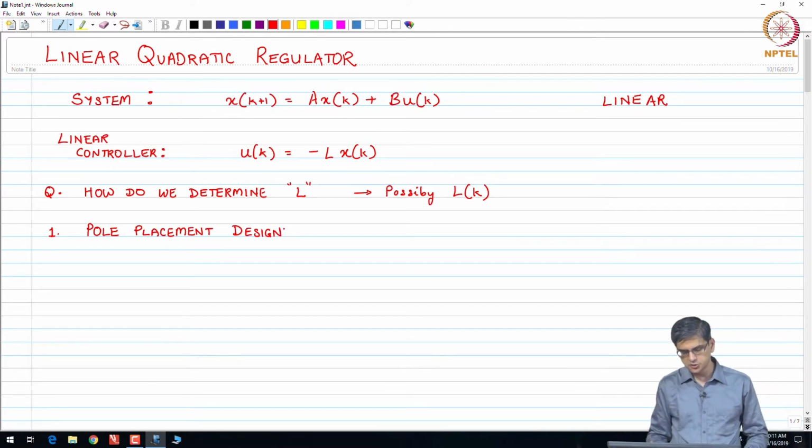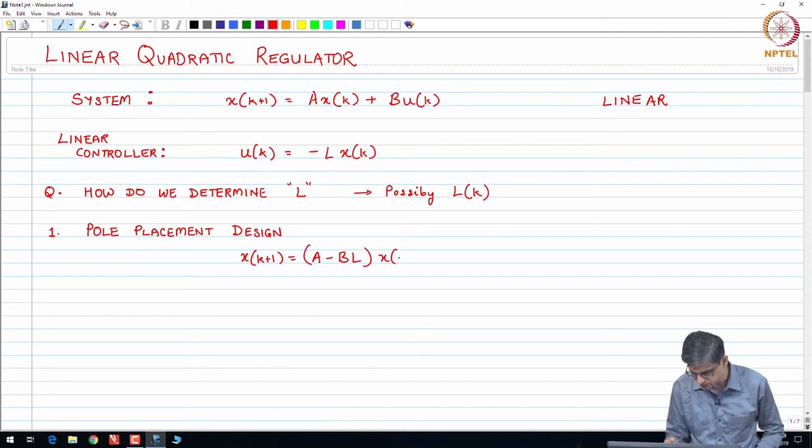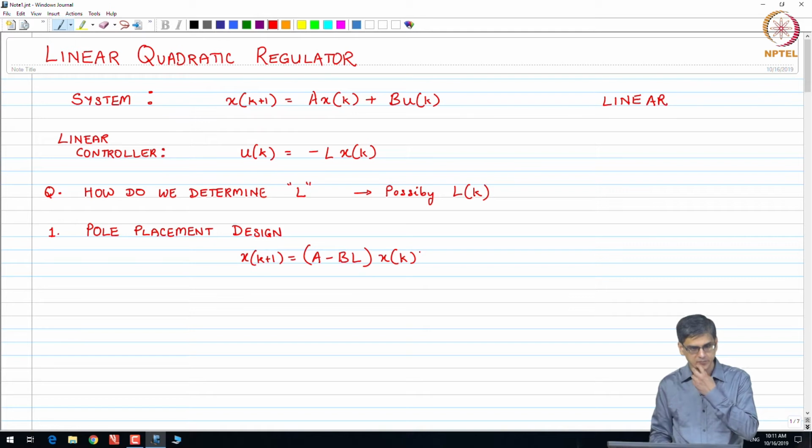Where you substitute u_k in the above equation and you will get x_{k+1} equal to (A minus BL) times x_k, okay.